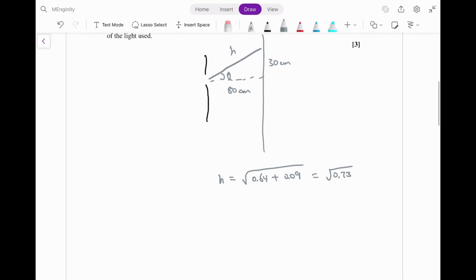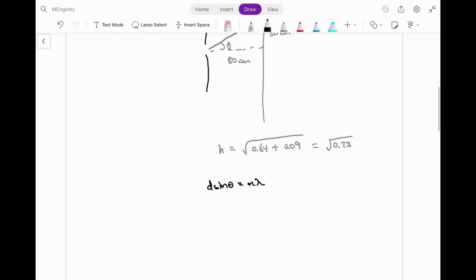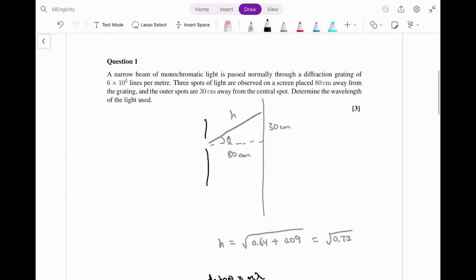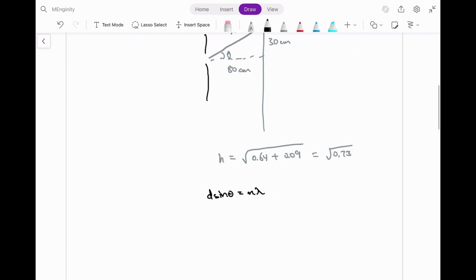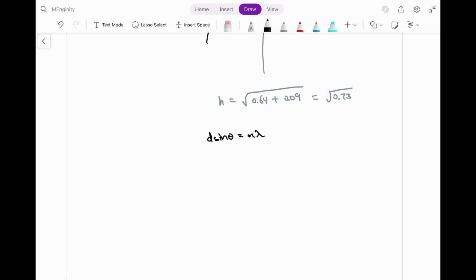Okay, and then afterwards, d sine theta is equal to n lambda. What we want to calculate is lambda, and in this case, the outer spot, I assume that's the first order image, so therefore in this case n will be equal to 1.